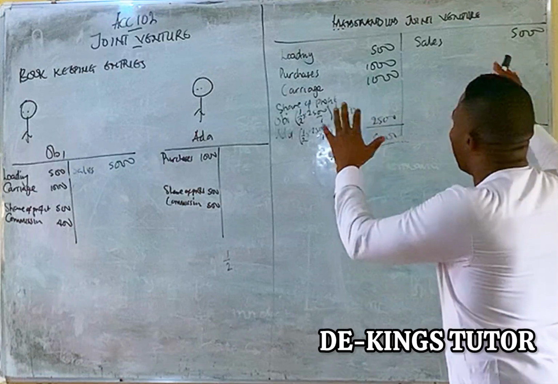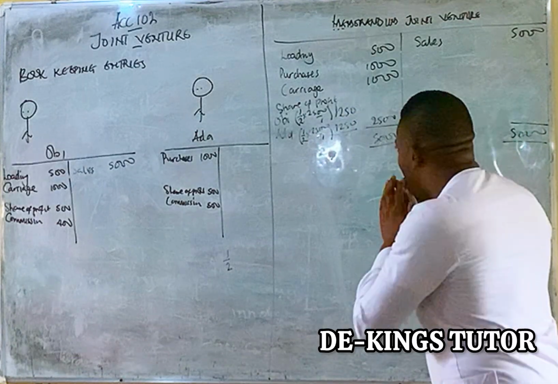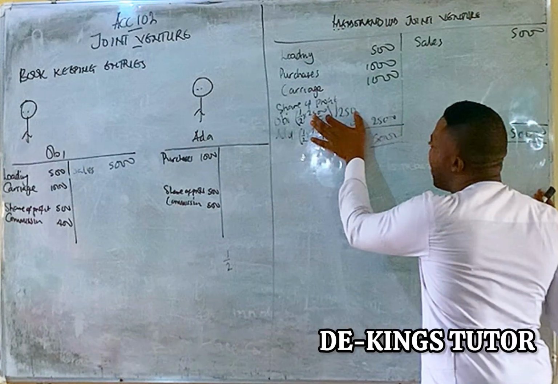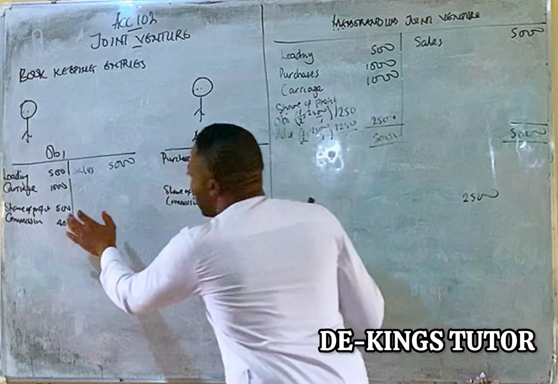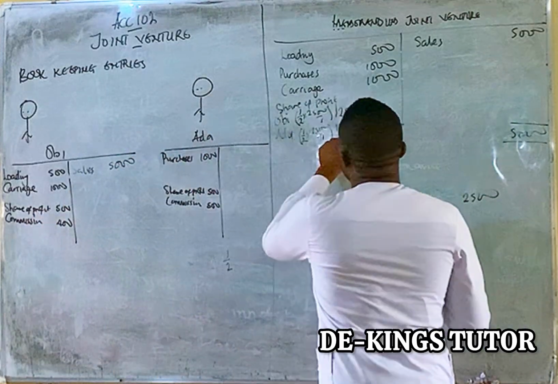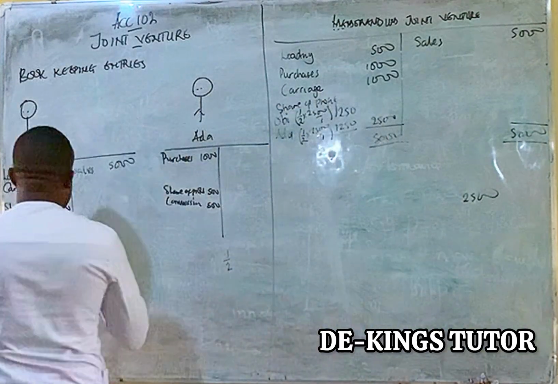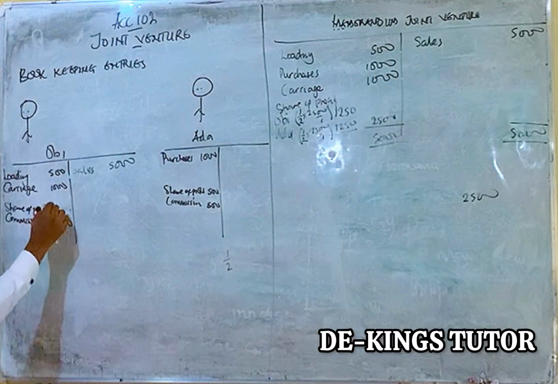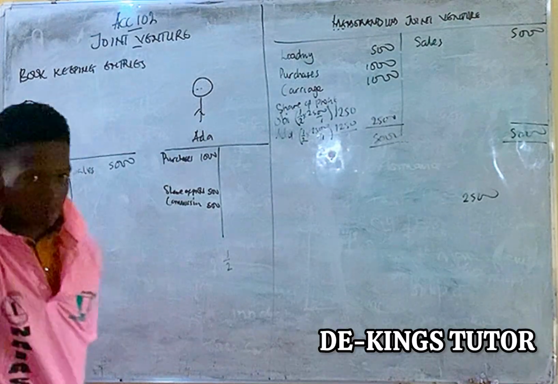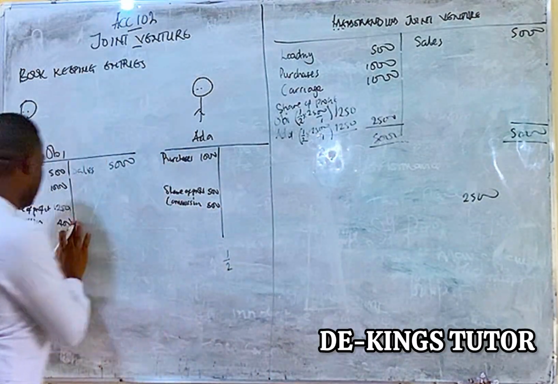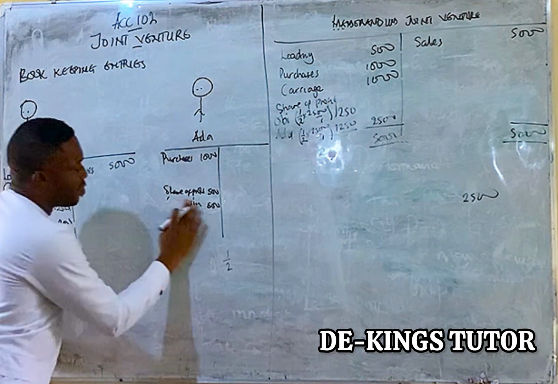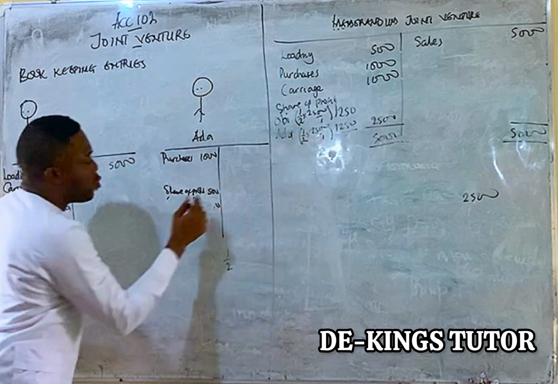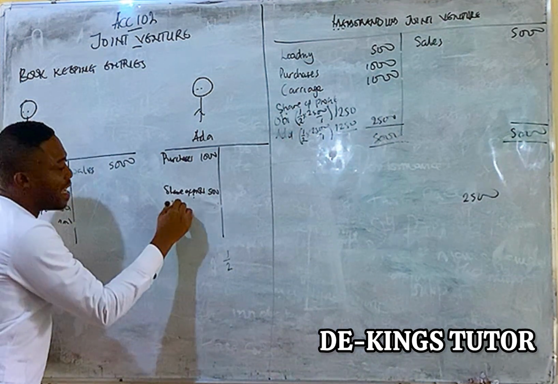Now, this is the joint venture. Now, their share of profit, this amount will be taken to each of their accounts. Now, this is 1,250. Now, what will be written here is 1,250. The same thing, let me remove this commission. For Ada, 1,250, what will be written here is 1,250.